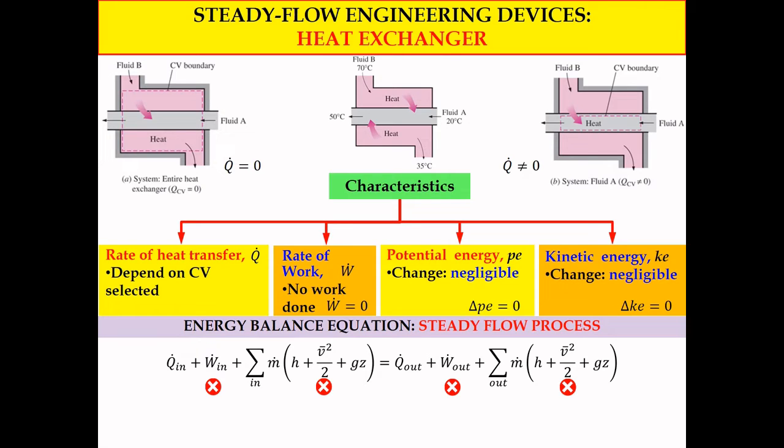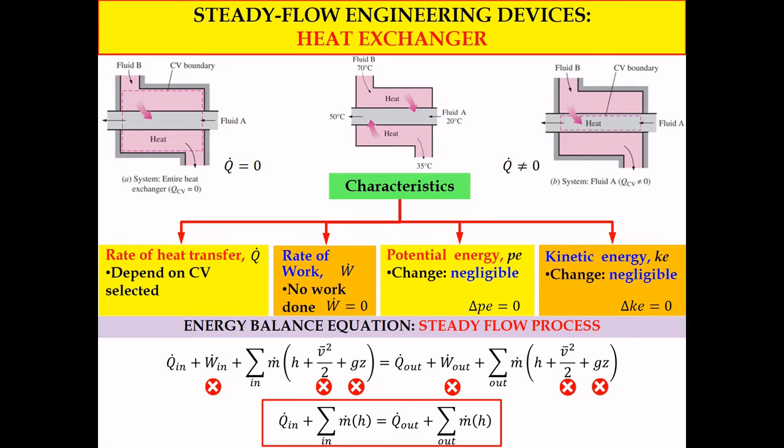We also don't have any kinetic energy or potential energy terms involved. The remaining terms are only the heat transfer terms and the mass terms based on enthalpy. So the final general equation for the heat exchanger is Q in dot plus the sum of in m dot multiplied by h equals Q out dot plus the sum of out m dot multiplied by h.